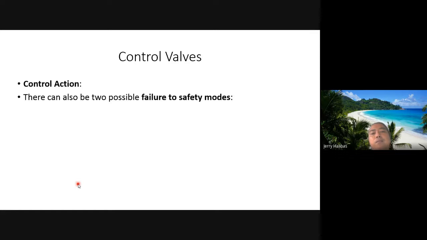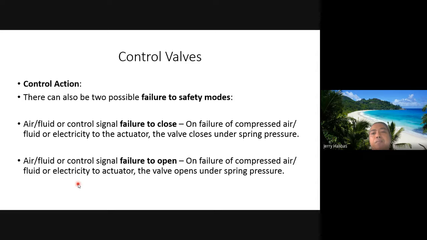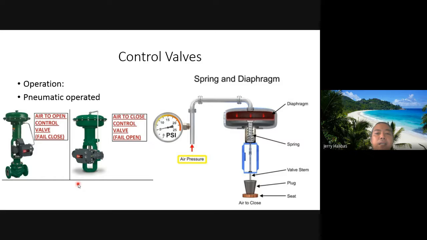And there are also two possible safety modes or failure to safety modes. No, gitawag na fail to close o fail to open. Okay? Kasi pasabutan ng fail to open, no? Pareha na, no? Ganiyan, no? Pag mingon kag fail to open, no? Pasabot kung mawala ang hangin, no? Pareha ni diri sa right side, pag mawala ang hangin, open siya.